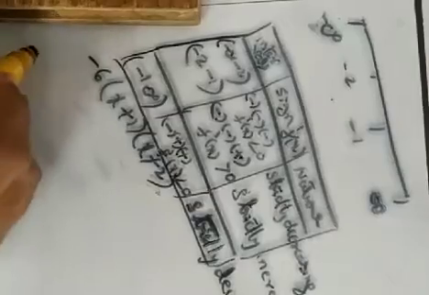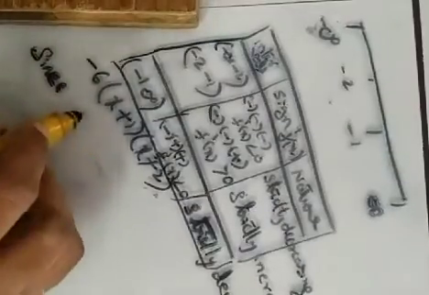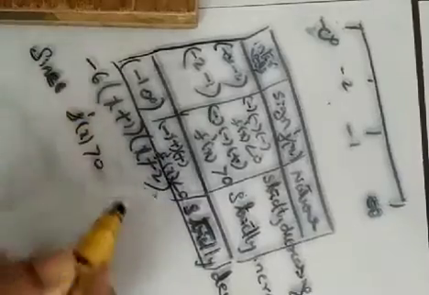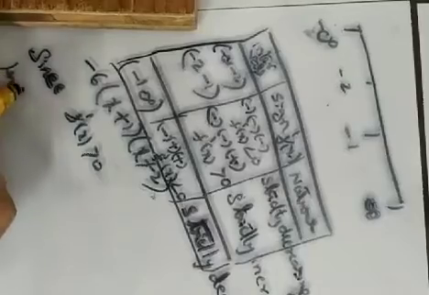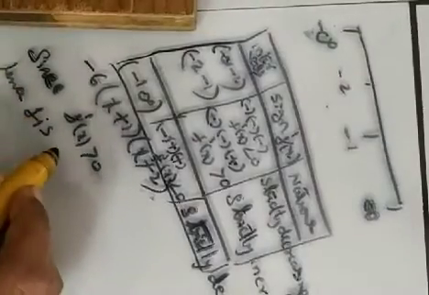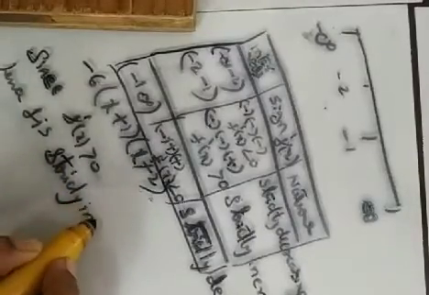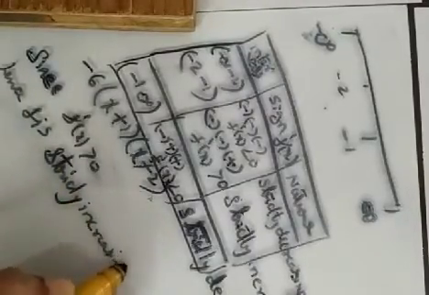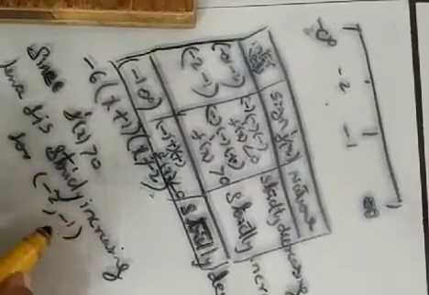When it is the decreasing function, we will give the conclusion that since f dash of x is greater than 0, hence f is strictly increasing for minus 2 comma minus 1.